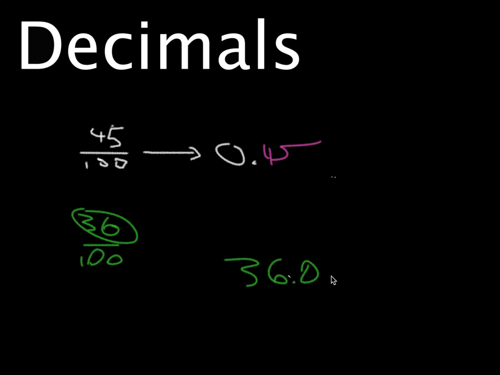Because 100 has 2 zeros, we need to move the decimal over 2 places to the left, 1 and 2.